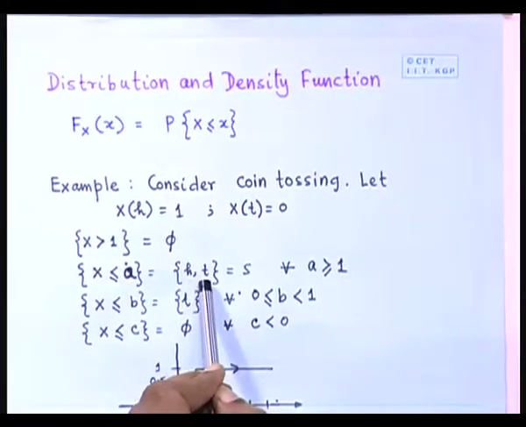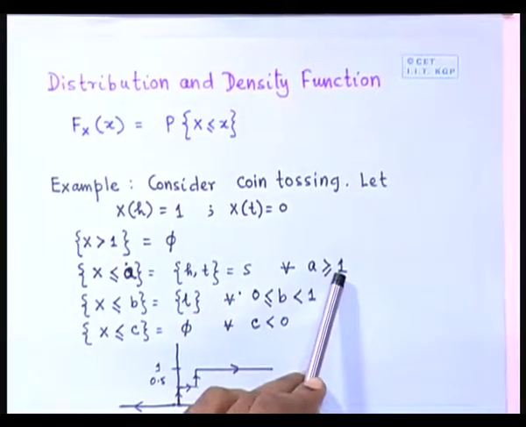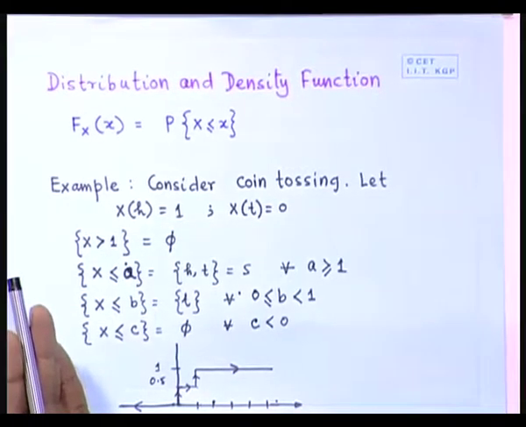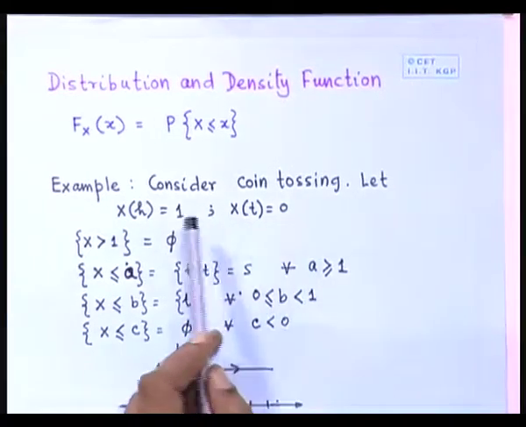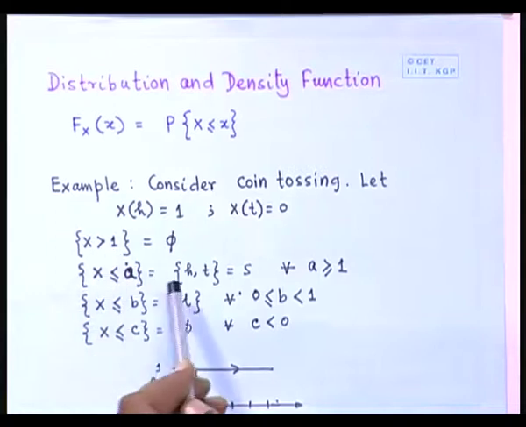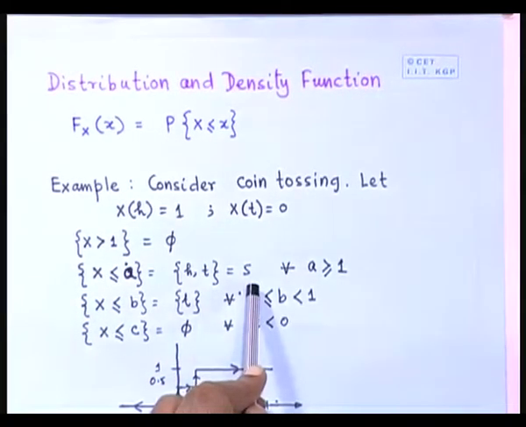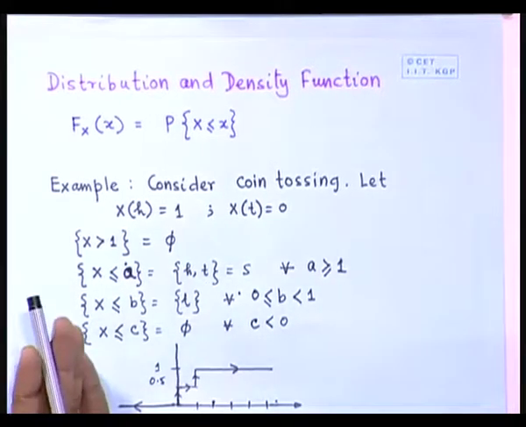It is H and T, for all a greater than or equal to 1, because X is always going to be less than or equal to 1, because the only values it takes are 1 and 0. So the set of events is H and T, that is the whole set. So its probability is going to be 1.